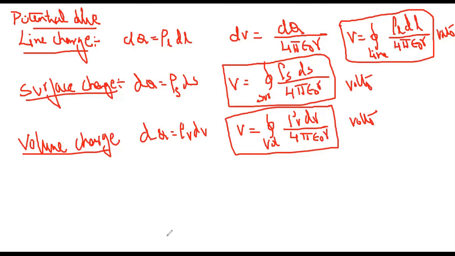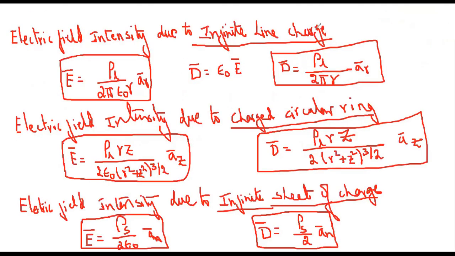And similarly, the potential due to the infinite line charge. So what is the electric field intensity due to the infinite line charge? Substitute that in V is equal to minus integral E bar dot dL bar. We know the electric field intensity due to the infinite line charge is rho L by 2 pi epsilon naught R into AR bar.